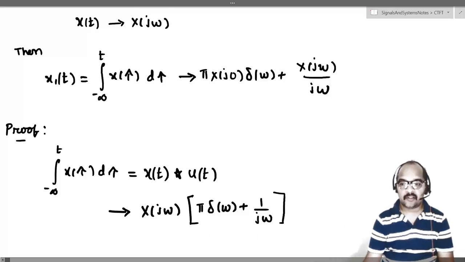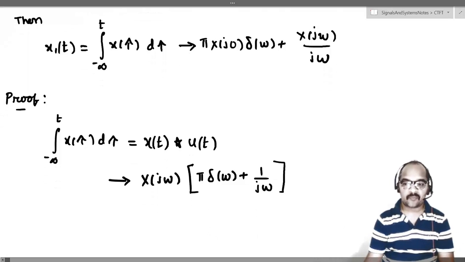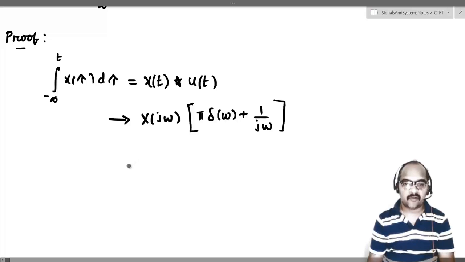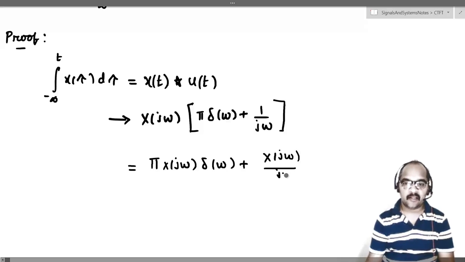So this simplifies to what? Let us send x of j omega inside, you will get pi x of j omega delta of omega plus x of j omega divided by j omega.